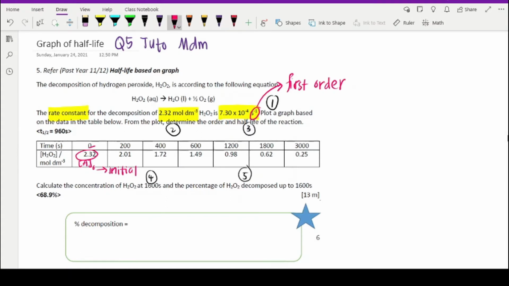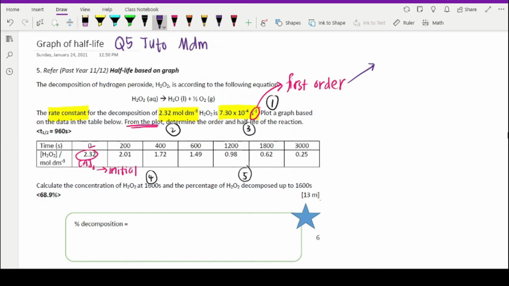But the question said that from the plot, determine the order. So you must draw your graph first, and then you'll be able to tell why your graph is the first order. So how are we going to determine that our graph is the first order? We've got two options.